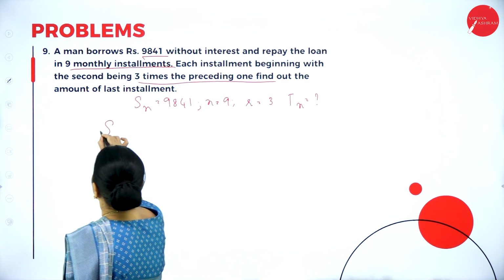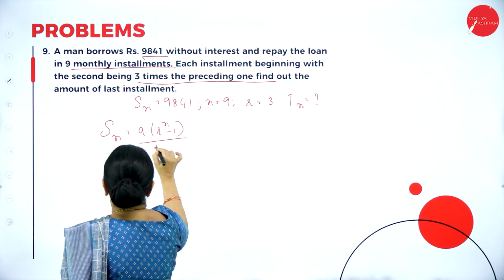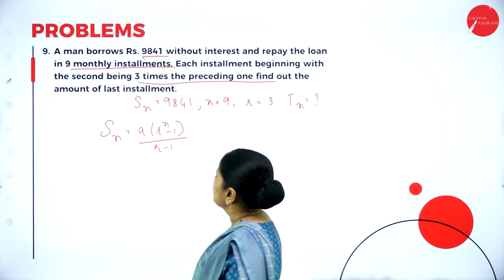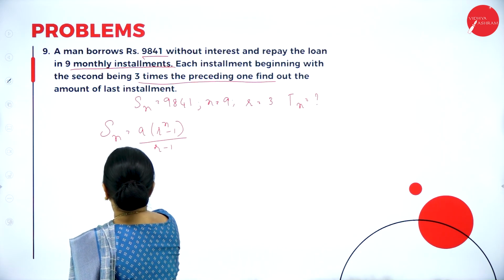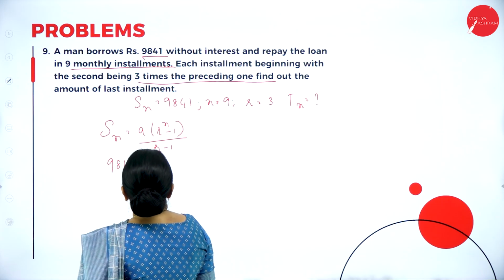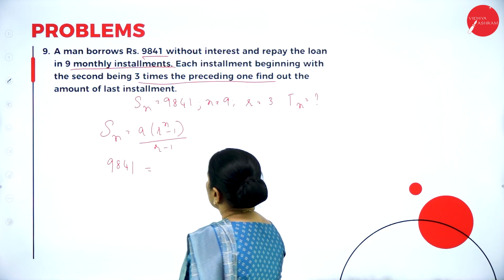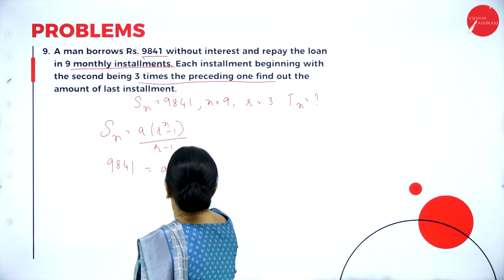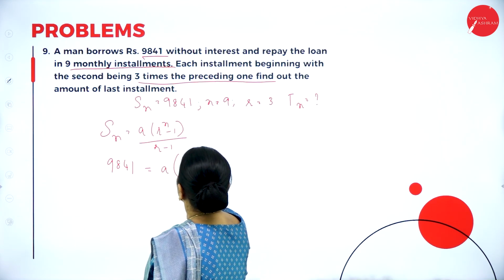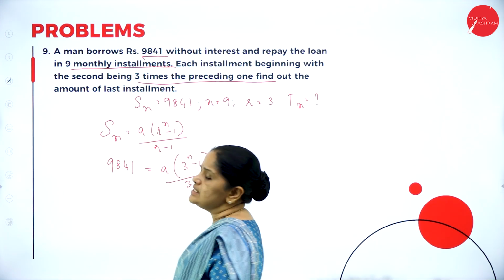So I write Sn equals A into R to the power of n minus 1 divided by R minus 1. So Sn will be 9841 equals A into 3 to the power of n minus 1 divided by 3 minus 1.